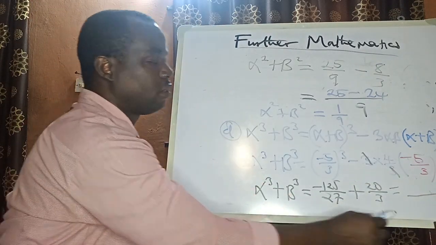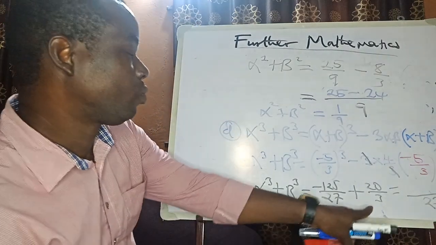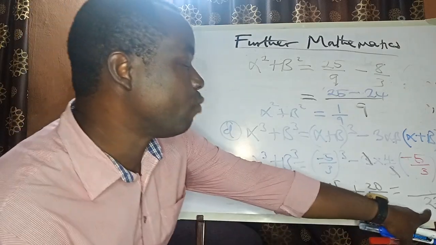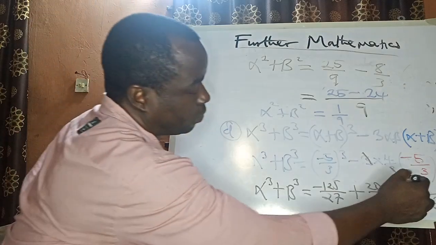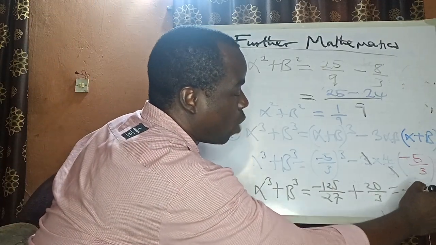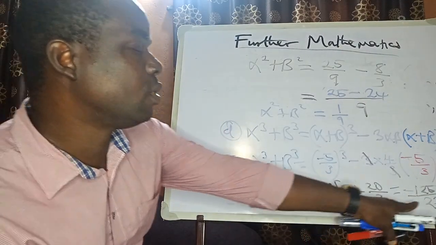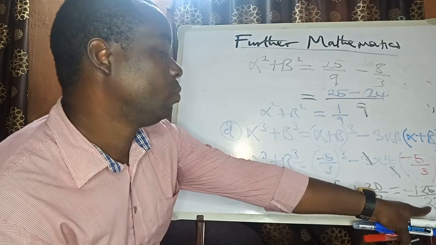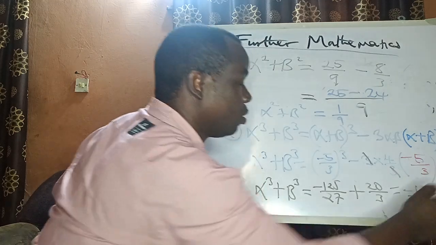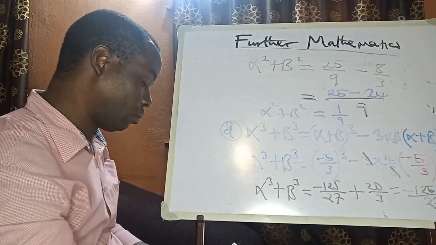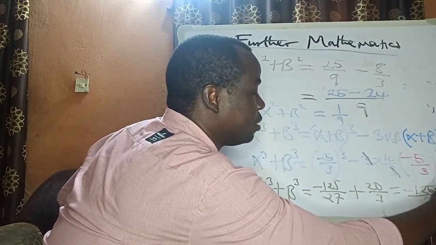Now we'll take the LCM. LCM of 27 and 3 is 27. Are we good? Now 27 in 27 will give us 1. 1 times minus 125 is minus 125. Then 3 in 27 is 9. 9 times 20 is 180. So I will have plus 180.